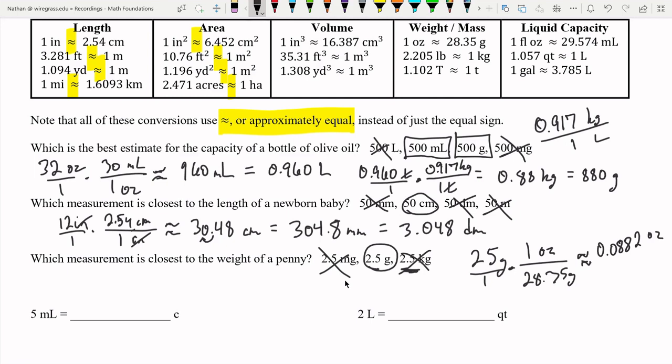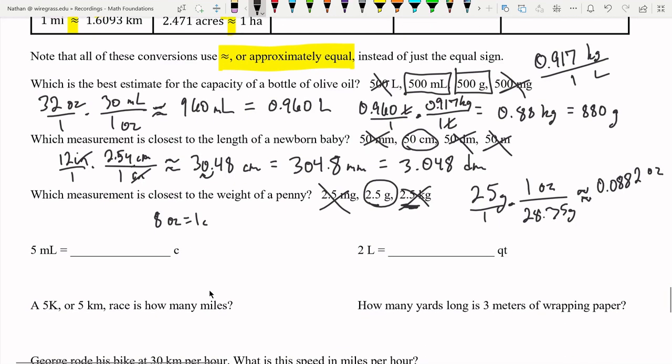5 milliliters to cups. If you look at liquid capacity, there are 8 ounces equals 1 cup. And I can convert ounces to milliliters. So that's what I'm going to do. I'm going to convert milliliters to ounces and then ounces to cups. And that will give me what I want. So 5 milliliters.